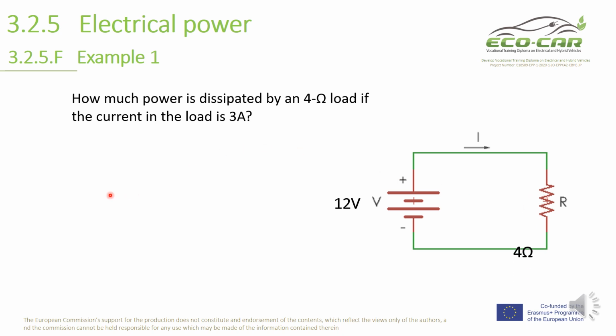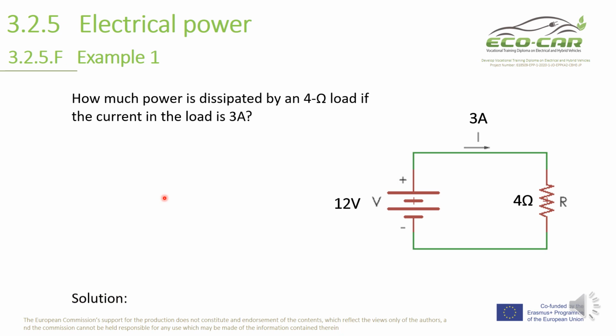As we know from the triangle of power, power equals voltage multiplied by current. So voltage is 12 and current is 3 amps, so the power is 36 watts.